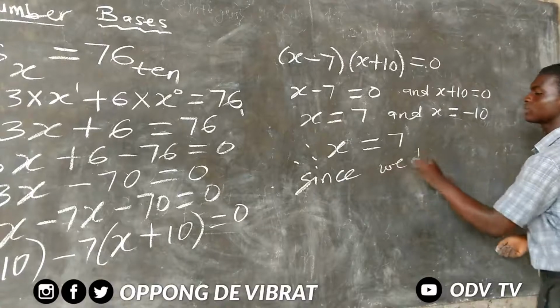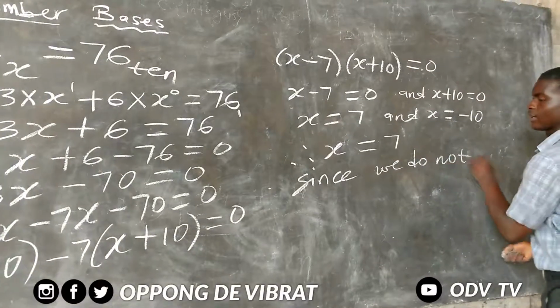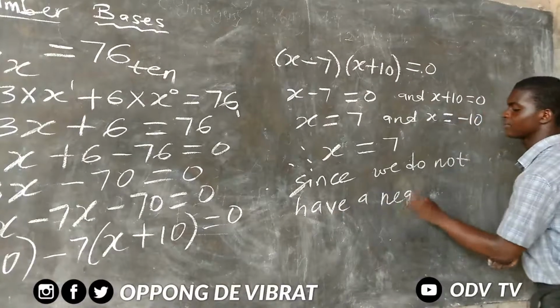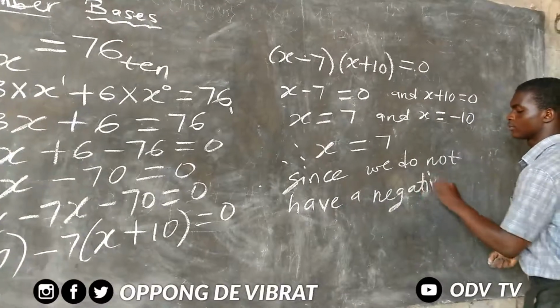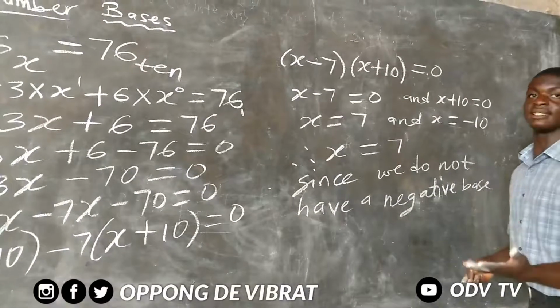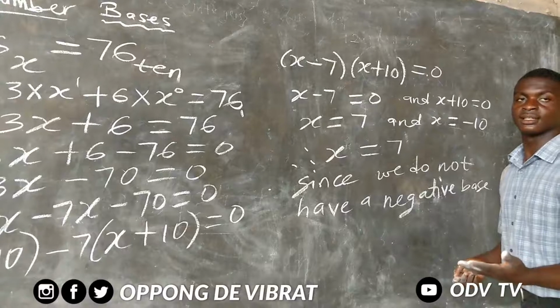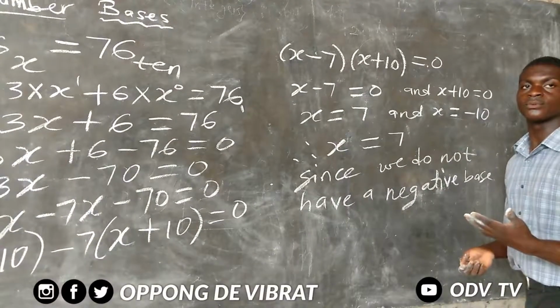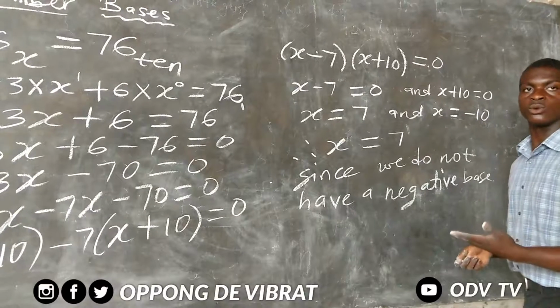we do not have a negative base. As we learnt earlier on, number bases are taken from numbers that are greater than 0.